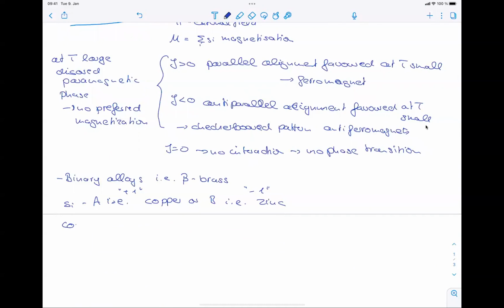And so copper and zinc form a body-centered, so BCC lattice alloy.